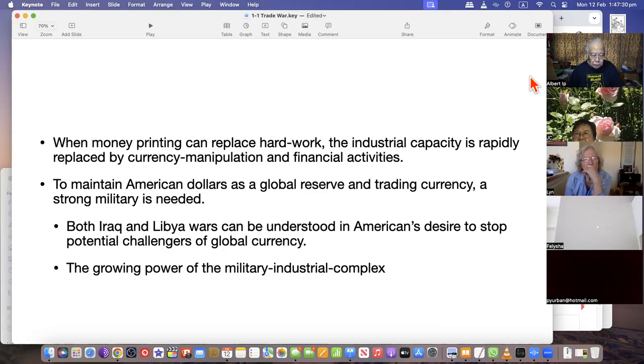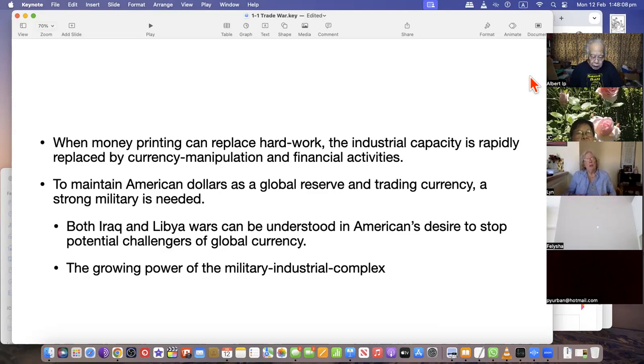Using this point of view can also help us to explain why the United States started the invasion of both Iraq and Libya. Both of these can be understood because Iraq wanted to use the European euro as its currency for selling its oil, whereas Libya wanted to use a new African gold dinar to sell its oil.